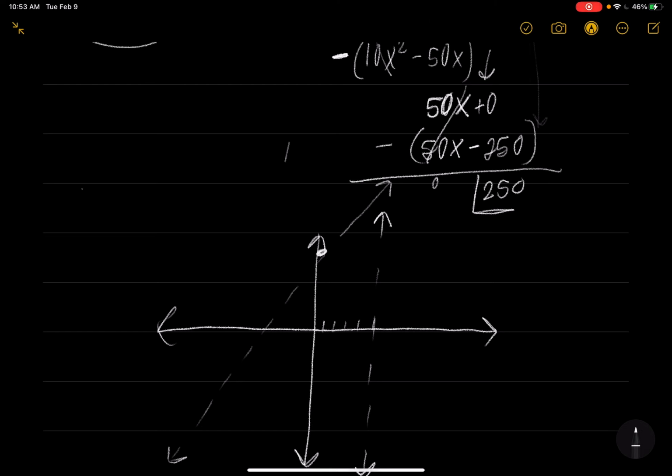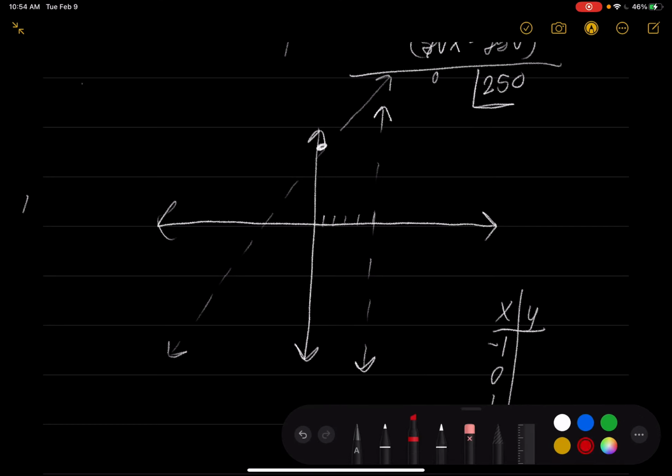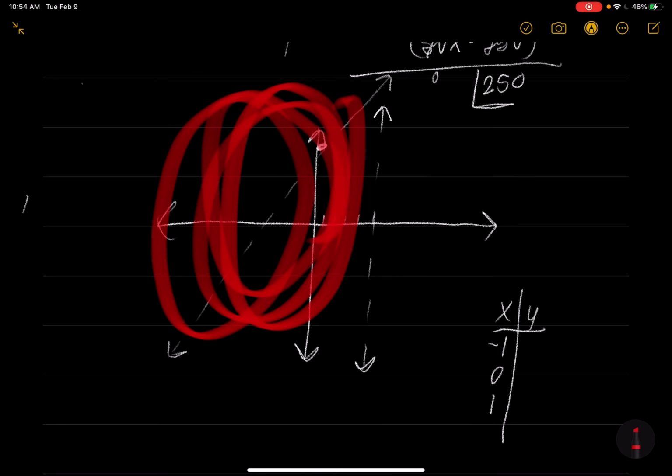So what you would want to do at this point to graph the function is choose x and y values on both sides of that vertical asymptote. Maybe x values of -1, 0, and 1, looking at this side of the vertical asymptote.